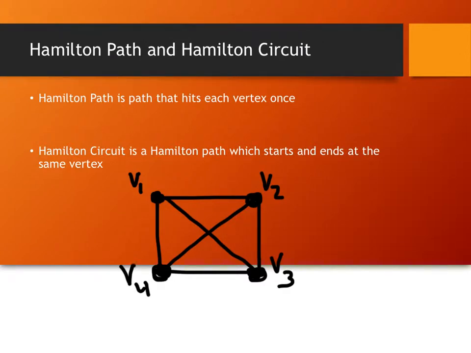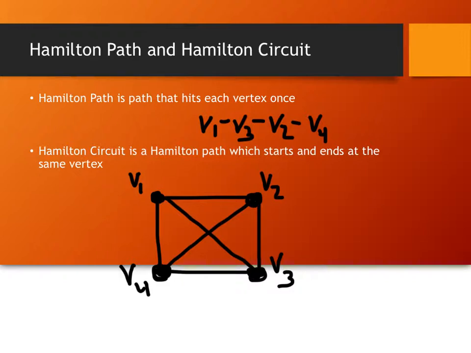Well, a Hamiltonian or Hamilton path would be something like V1, V3, V2, V4. All right, and I'm going to put dashes in here so we can see that. And if you think about this, V1, V3, V2, V4 hits every vertex once and doesn't repeat in this case. So it hits every vertex exactly once.